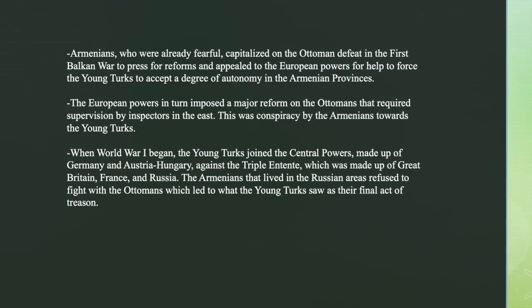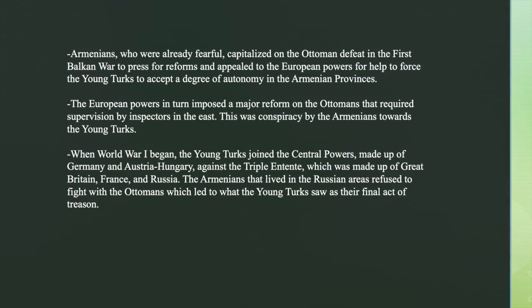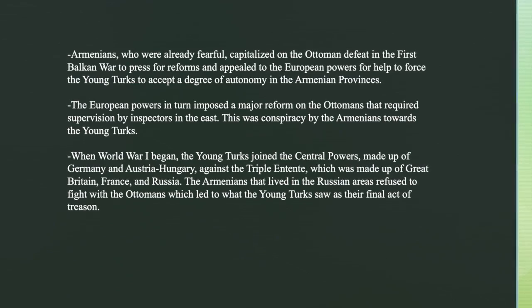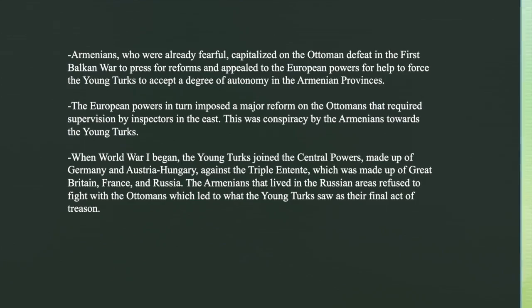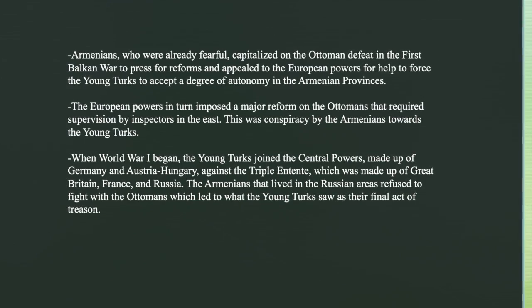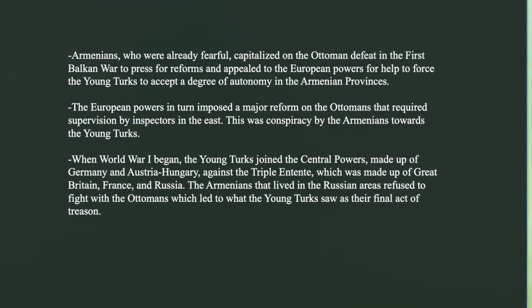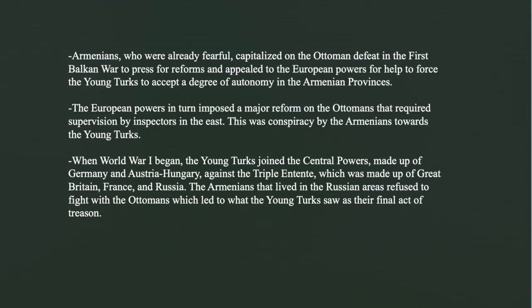And so basically they were trying to go to them for help before it even escalated, but it didn't work in their favor because the Young Turks saw this as a form of treason. While the European powers did help them, they imposed a major reform on the Ottomans that required supervision by inspectors in the East. And like I said, this was seen as conspiracy or treason.